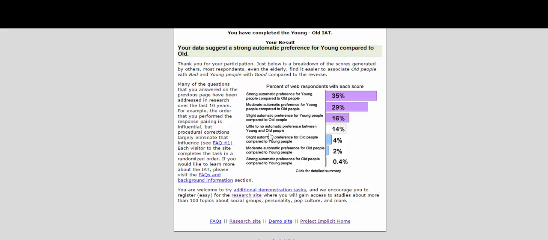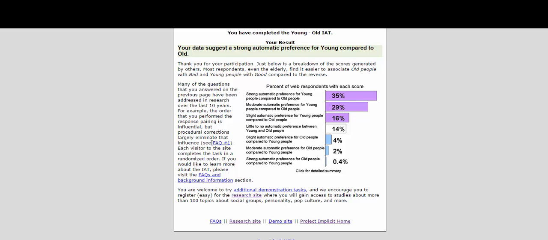So when I would take the quiz, here's how I would answer it. I would say that I think that I have a slightly more positive attitude towards young people than old people. But the test did not agree, because it said that I have a strong automatic preference for young people compared to old people.